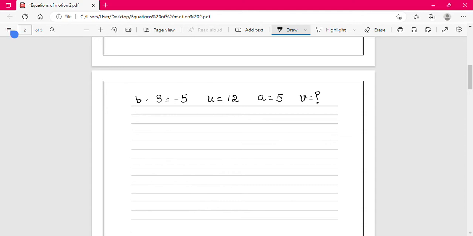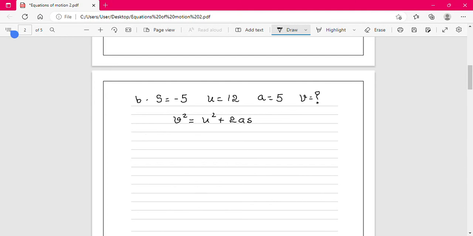So which equation will relate all these things? S, U, A and V? Obviously v square is equal to u square plus 2as.